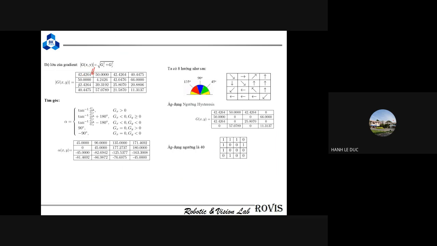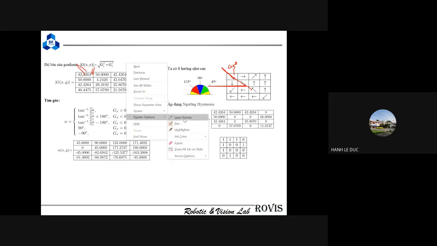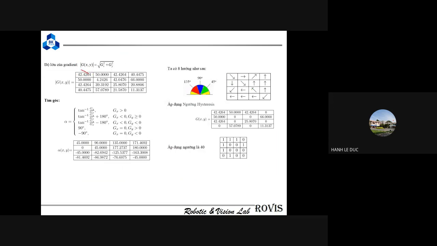This position has the 45 degree direction, so from this one you draw a line like this, 45 degrees, and check which value is biggest.